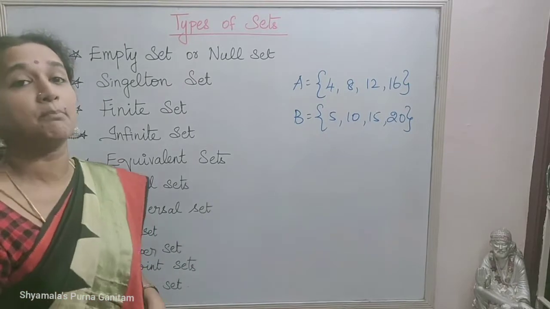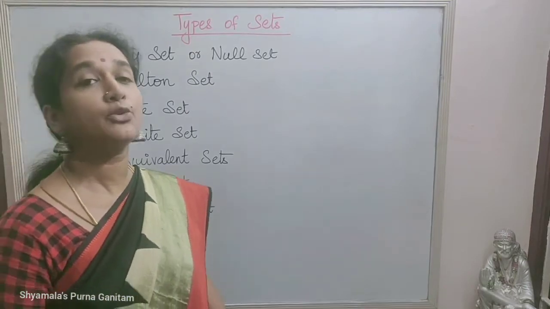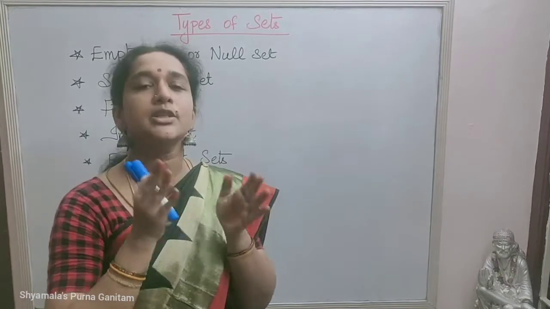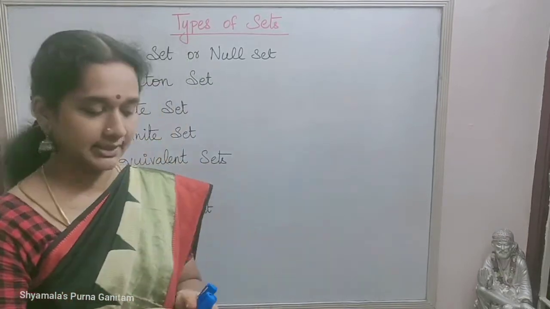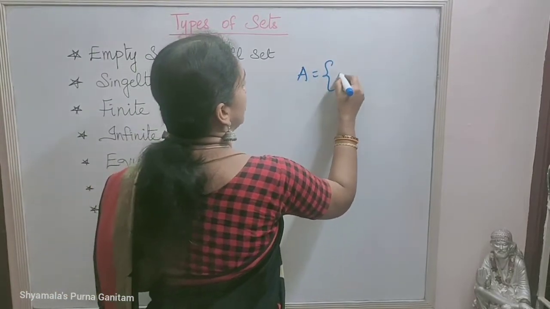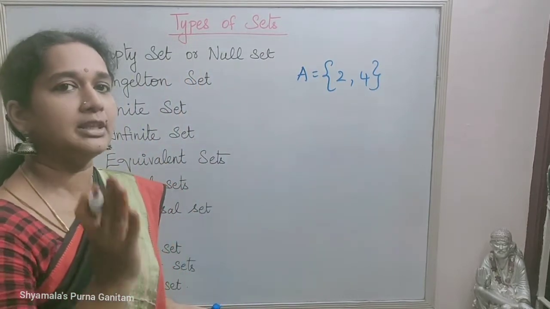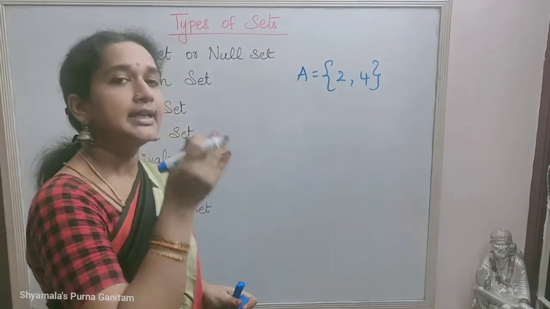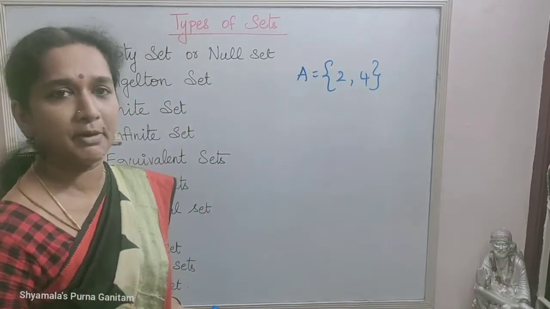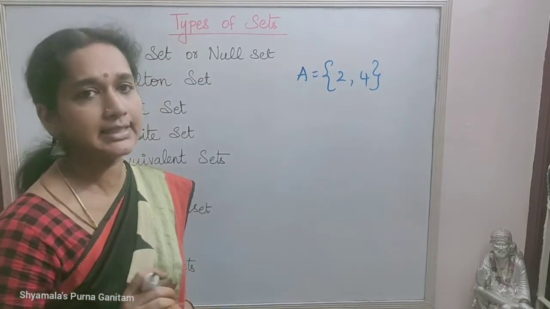Then the next one is power set. Power set means the set of all subsets of any particular set. All those sets together are called the power set. For example, if you take A is equal to 2 and 4, these are the 2 elements in that. We are asked to find the power set of this. For all sets, the null set is a subset.